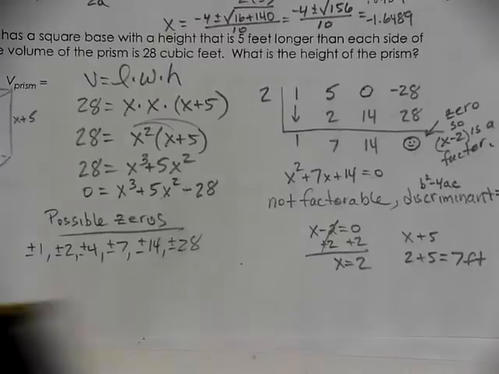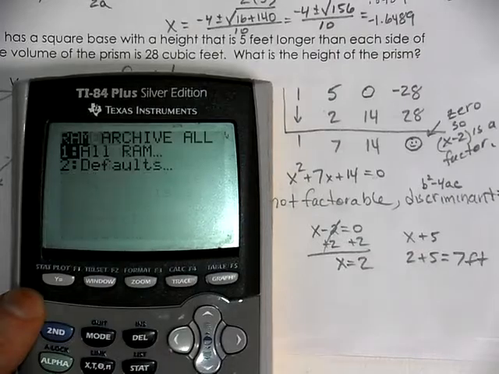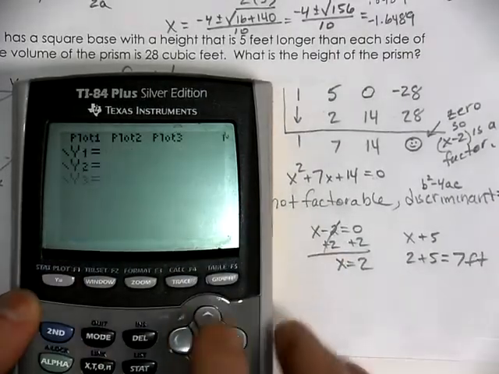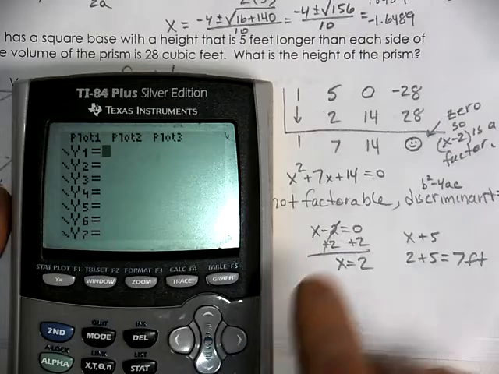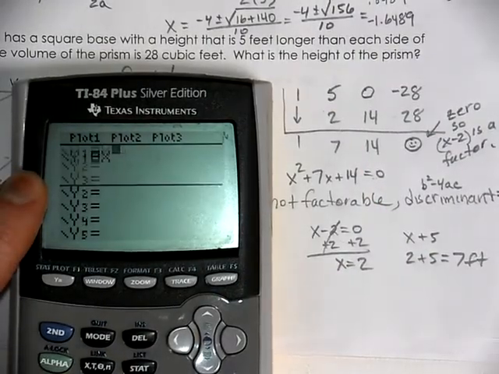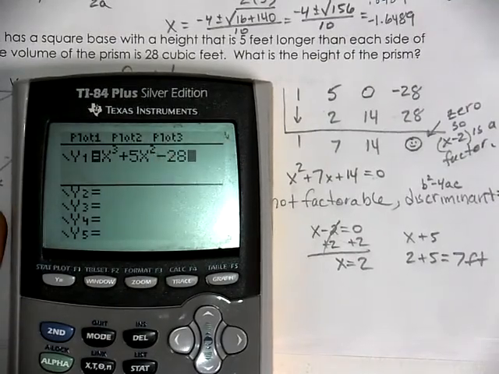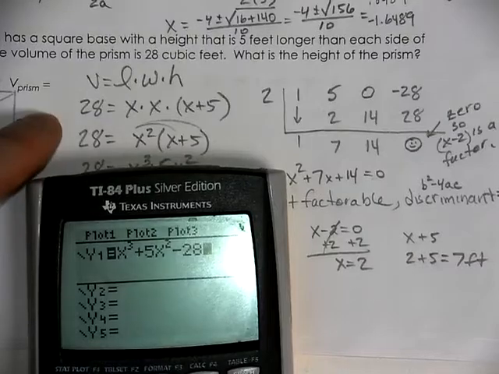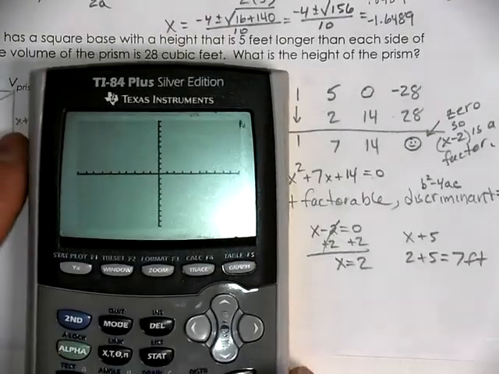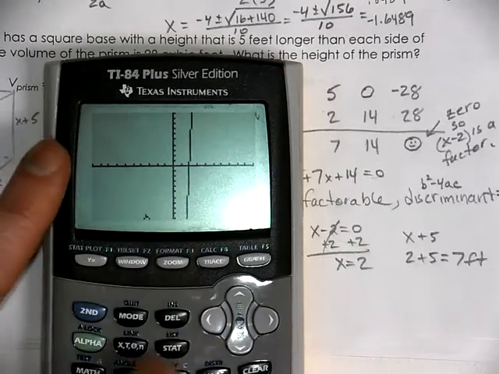So we could take a look at the calculator. Clear the calculator out. So when we go here, we're going to plug in our x cubed and our 5x squared and our negative 28. Right? And if we go ahead and graph that out, it's going to do this wiggliness.